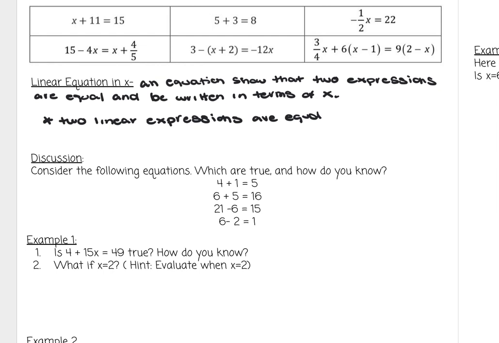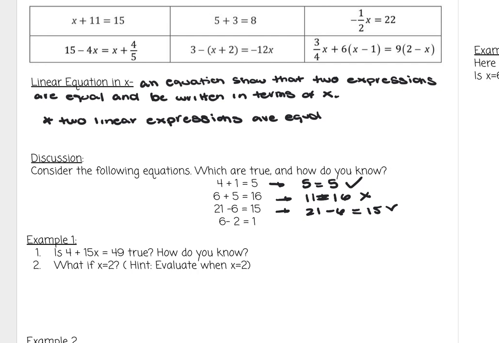All right, so now that you've taken a look, I'm just going to draw an arrow and go ahead and simplify these. So we have 4 plus 1, which equals 5. 5 equals 5. 5 plus 6 is 11, and 11 does not equal 16, so we know that's not true. 21 minus 6, when we subtract 21 and 6, we definitely get 15. So that's 15 is equal to 15.